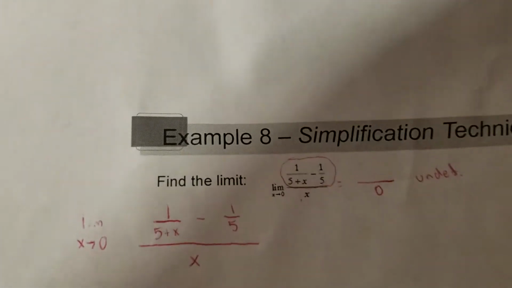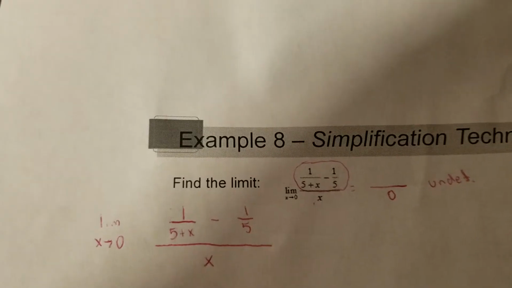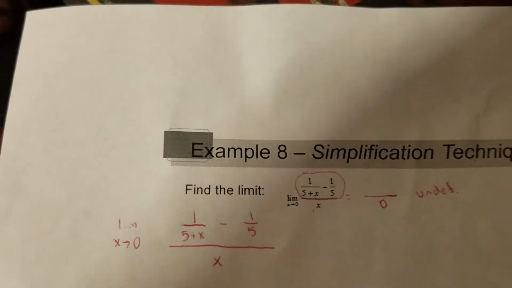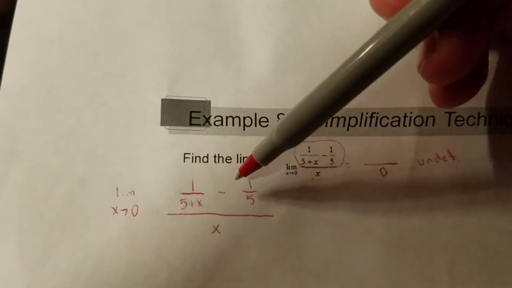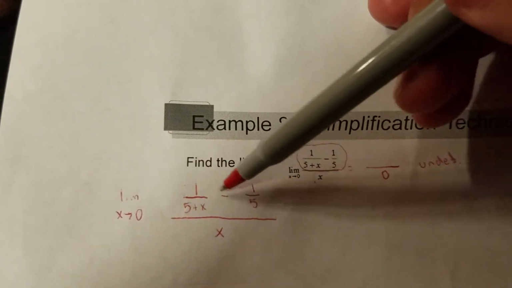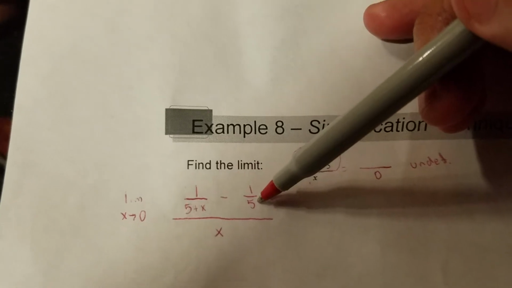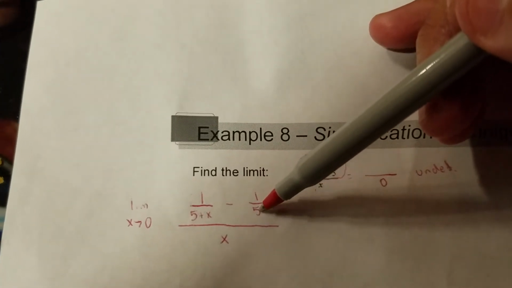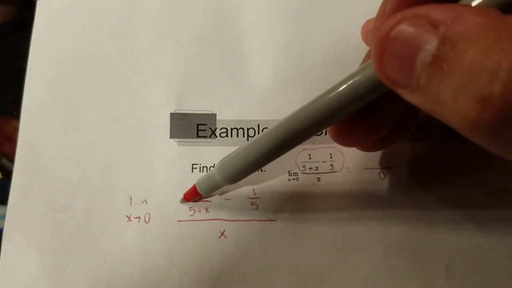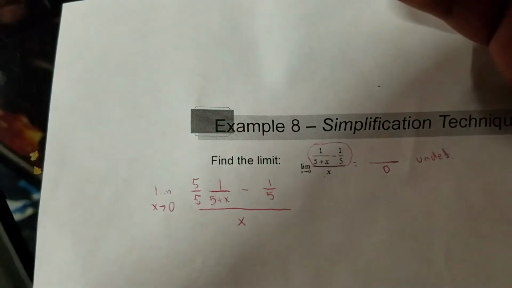I'm going to try and simplify the top part so that I can work with it. And in this case, I cannot subtract these two because they don't have the same denominator. So what I'm going to do here is I'm going to multiply this part of the fraction by what I have over here, this denominator. So this will be 5 over 5.